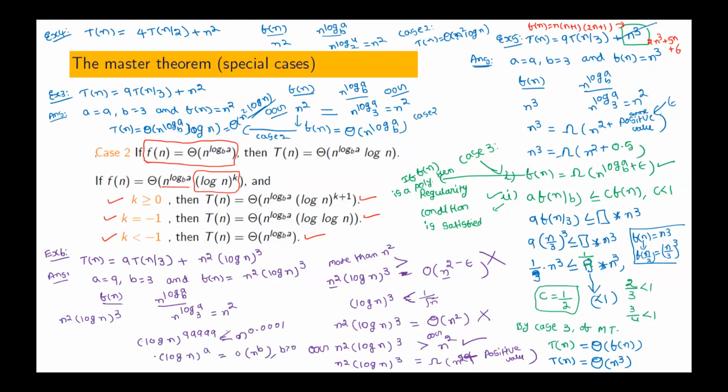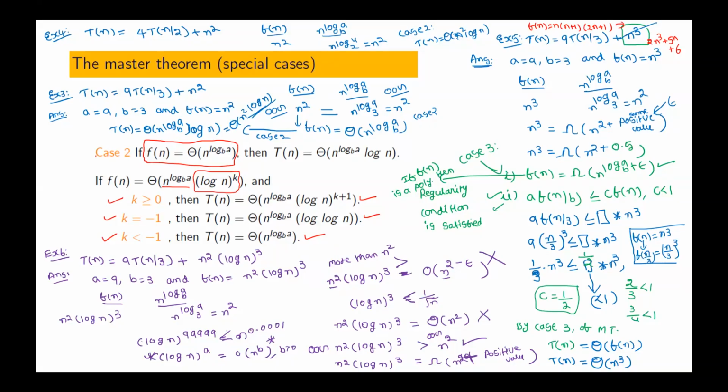Is this true? This we have discussed, no? Order of growth of a polylogarithmic function is strictly lower than order of growth of any polynomial function.